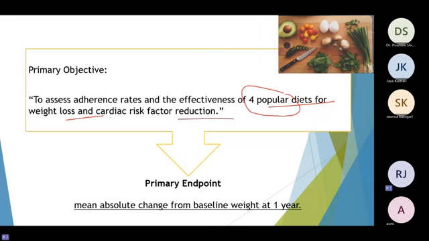Now, how will I come to know whether my primary objective is met or not? For this, we check mean absolute change from the baseline weight at 1 year. It means we'll check the weight before enrolling the subject in a clinical trial, and after 1 year, we'll check the weight of the subjects.